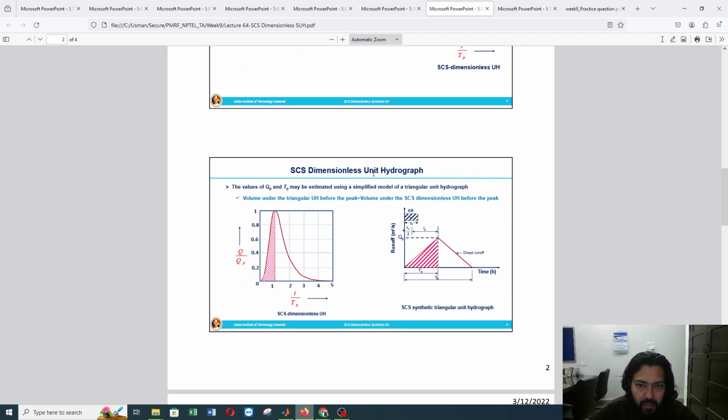The SCS dimensionless unit hydrograph is based on this equation: the volume under the triangular unit hydrograph before the peak. How can we calculate this? By taking the area under the curve. This volume would be equal to the volume under the SCS dimensionless unit hydrograph before the peak. So these two volumes are the same, right?